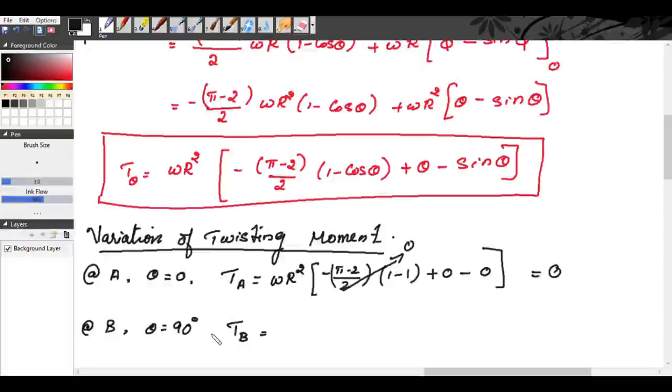So theta is equal to pi by 2. So we get WR square into minus (pi minus 2)/2 into (1 minus cos 90, which is 0) plus pi by 2 minus sin pi by 2, which is 1.